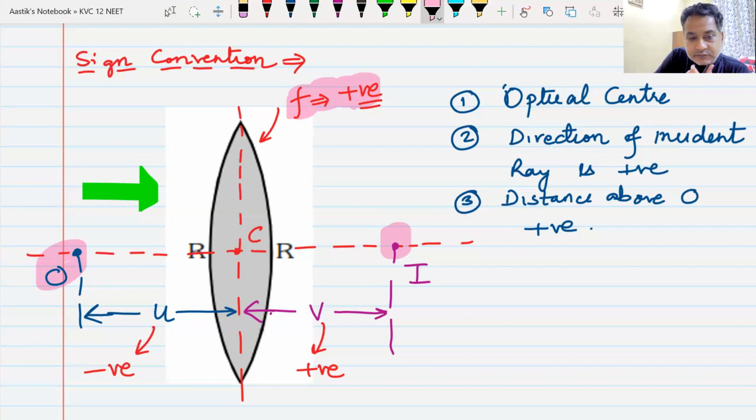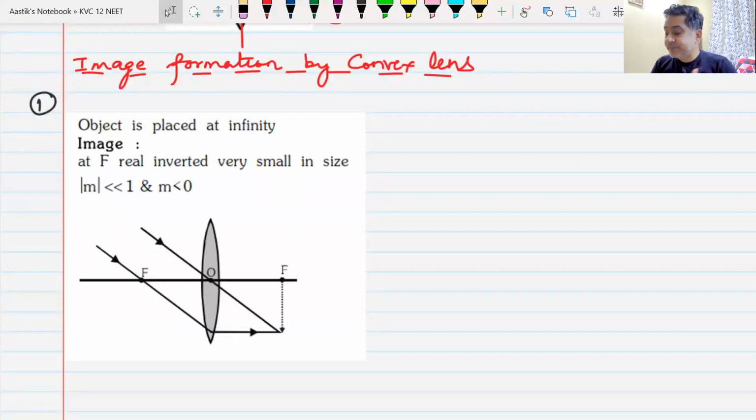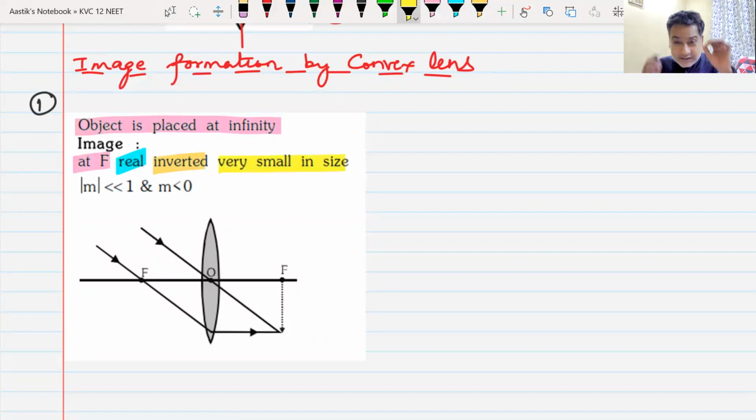Same thing happens here. The first case, when the object is placed at infinity, the image is formed at focus. It is real, it is inverted, and it is very small in size. Same thing that happened for concave mirror, same thing happens for convex lens.